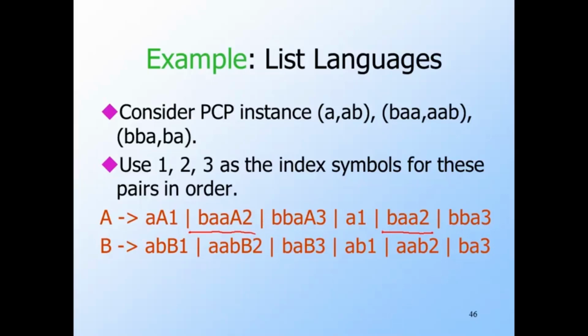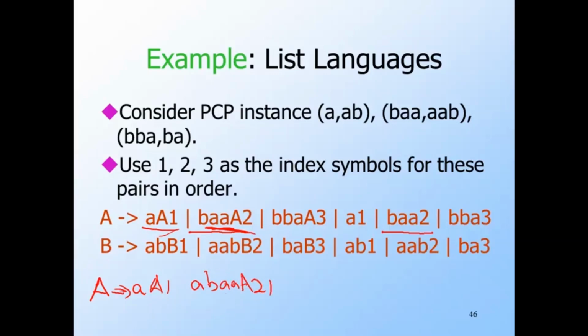As an example, if we choose the three pairs in order 1, 2, 3, then there's a derivation from A that looks like this. So A, use the first choice, that's this production. Then we'll use the second choice, which is this production, and that gives us A, B, A, capital A, the 2 and the 1.